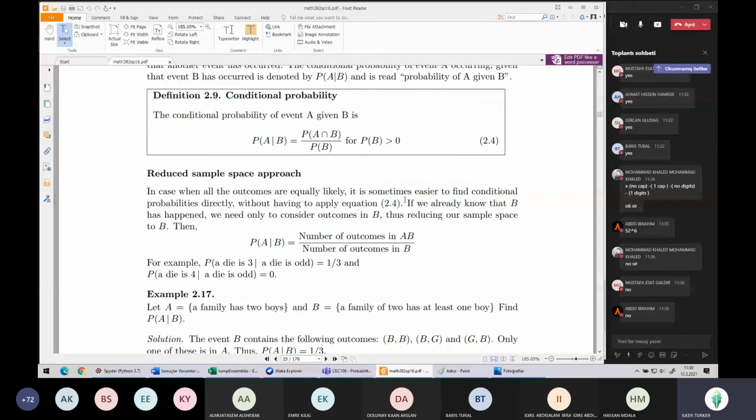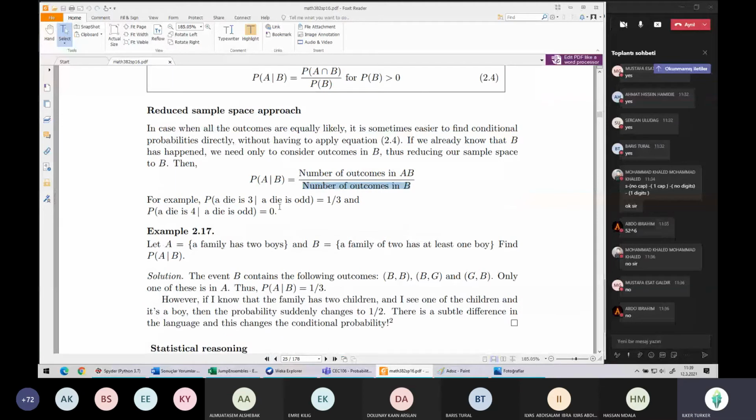If we already know that B has happened, we need only to consider outcomes in B, thus reducing our sample space to B. This acts as our sample space, and we divide the number of outcomes in A and B by the number of outcomes in B. For example, the probability that a die is 3 as a standalone event is 1 over 6.